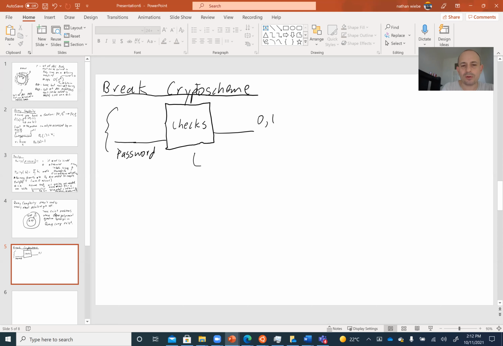Now, we wouldn't know necessarily how this works, because this checking subroutine could just be some website that's set up and checks to see whether or not the password you've typed in is authentic or not. So we don't know necessarily how this works, but we're promised that it has this interface that when we input the password, it'll output 0 or 1.